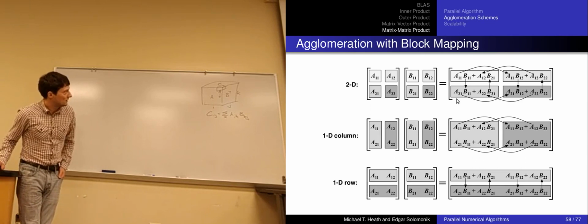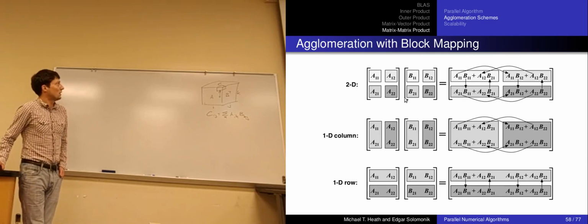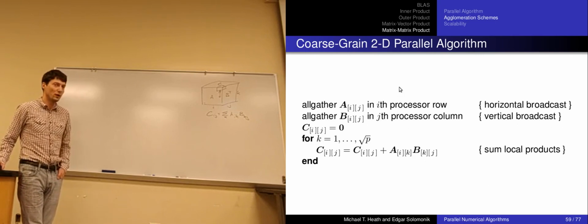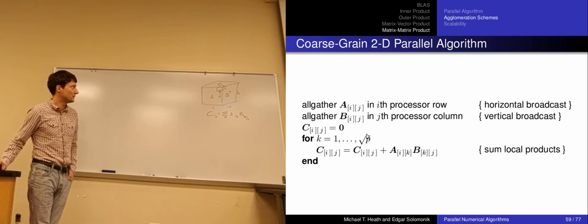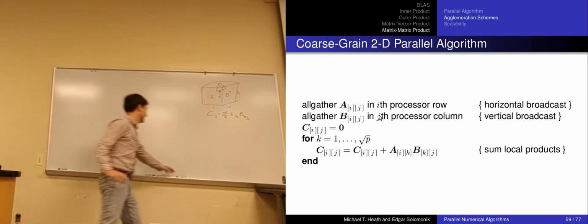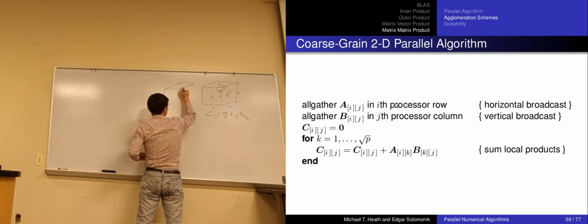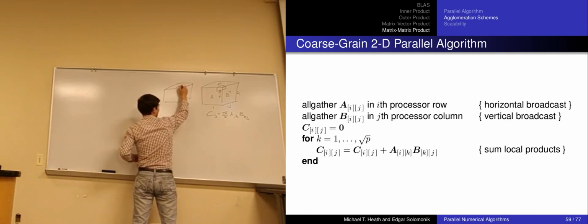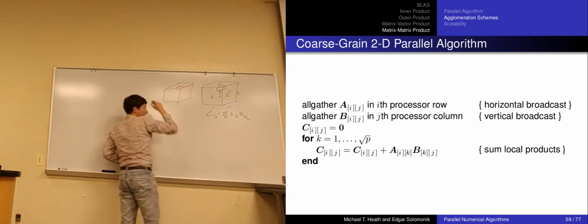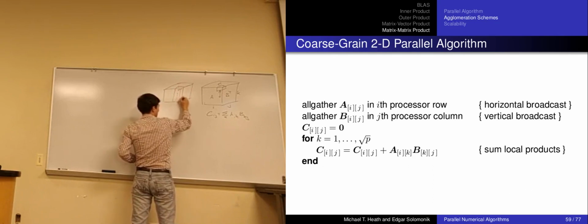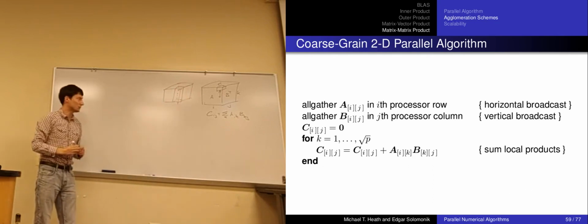So let's skip these pictures actually and go on to a perhaps simpler version of a 2D algorithm to contrast with the 3D case, where we will instead assign every processor to compute a block of C. And that means that it has to compute everything that contributes to these blocks, all of these multiplications.